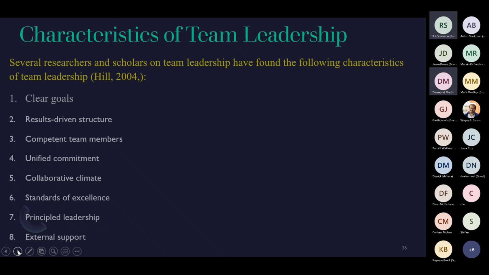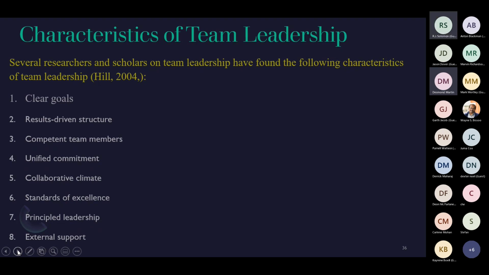Collaborative climate. The individuals contribute collectively to the success of the project, and individual accomplishments are integrated into the whole team's efforts. Six, standards of excellence. They are established and clearly understood by the team, with the emphasis on everyone performing at the highest levels. Principled leadership.